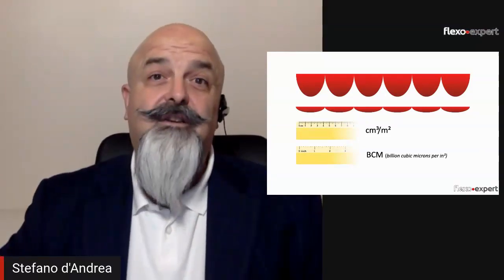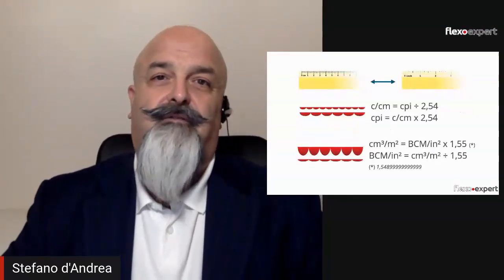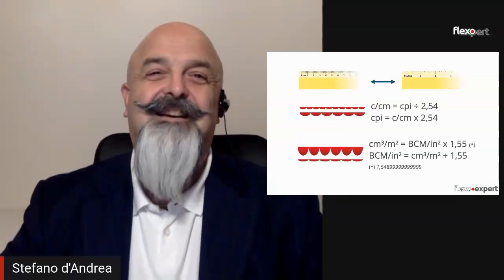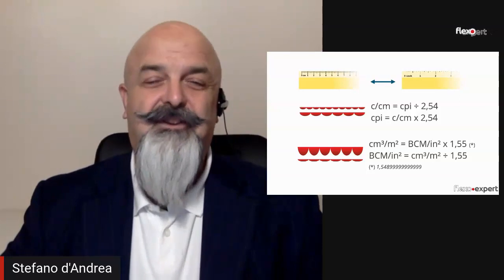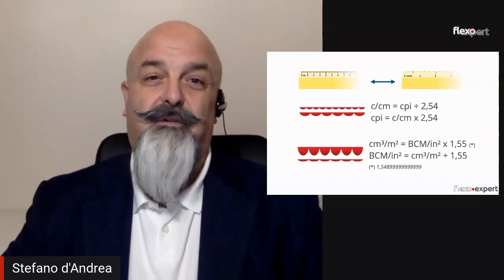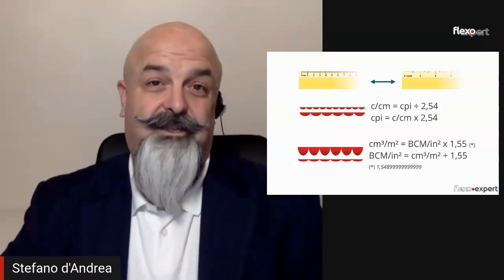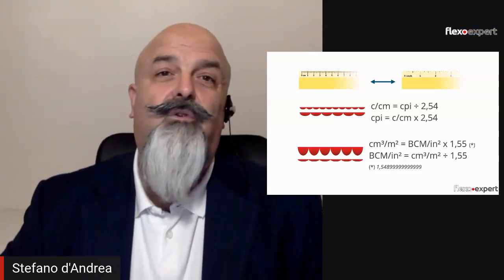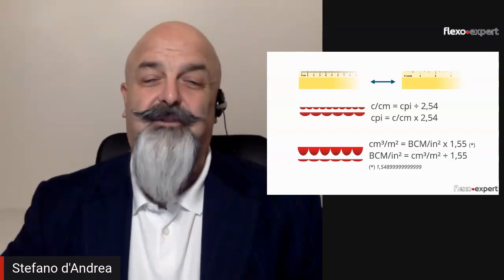Can we convert? Yes, we can convert from lines or cells per centimeter to cells per inch. For the linear distance, we have the typical coefficient of 2.54. So if we have CPI, we can just divide by 2.54 and we obtain our cells per centimeter.